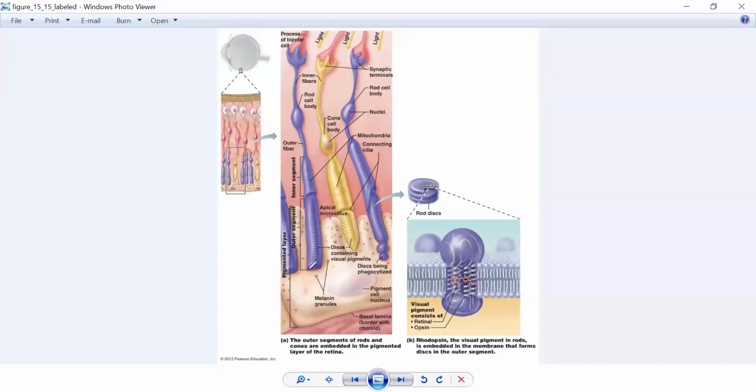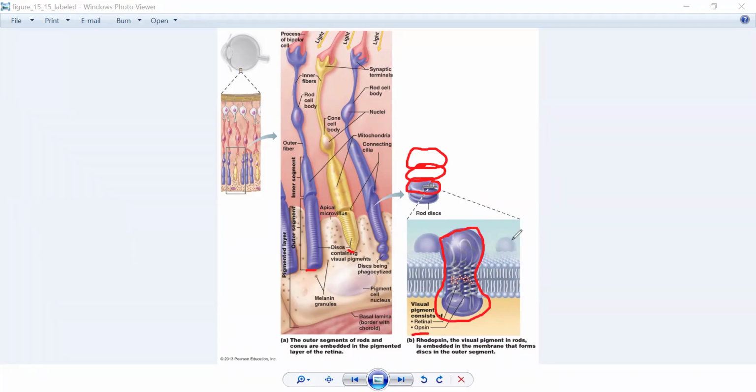So in this outer segment of the rods and cones, you have a cell membrane shaped in stacks on top of each other, similar to stacking pennies, where the pennies represent the cell membrane. And in the cell membrane, you have proteins that have a portion called opsin, which is going to absorb light.